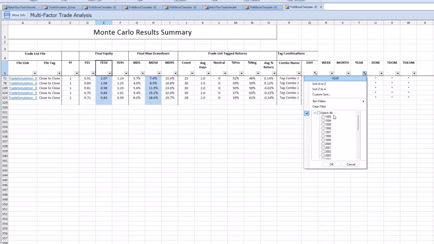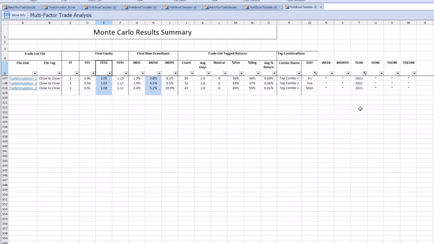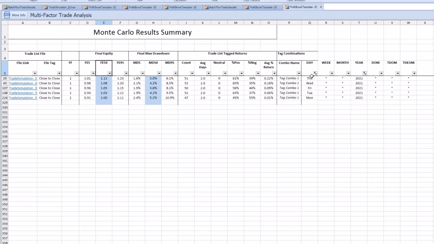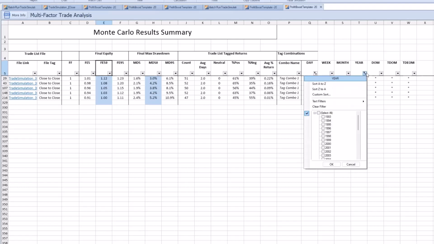Let's look at 21. Okay, that's now the opposite. In 21, Thursday was better, quite significantly. We know 21 was a big up year, and Monday was actually the worst of the days to trade in 21. So that's interesting.